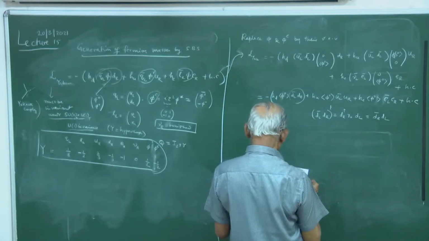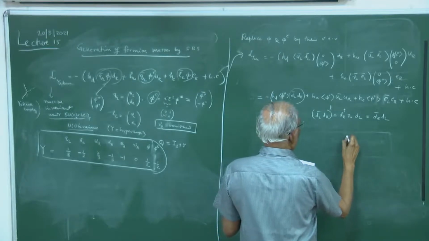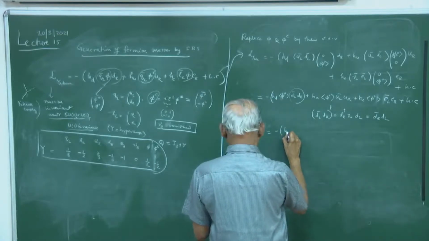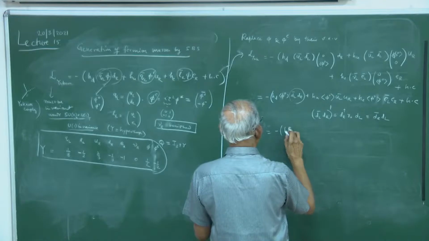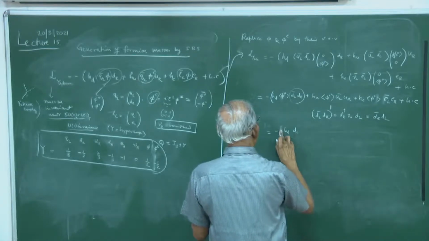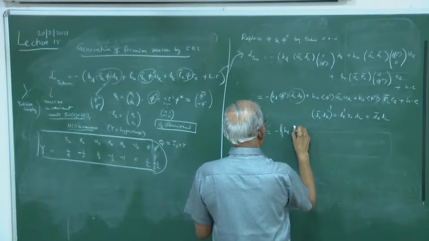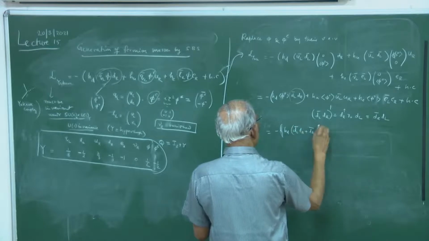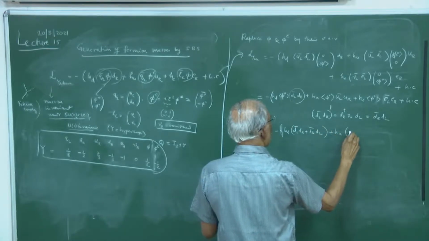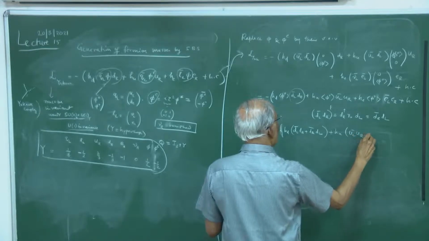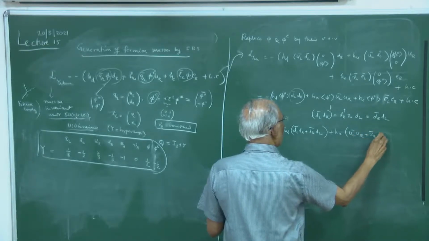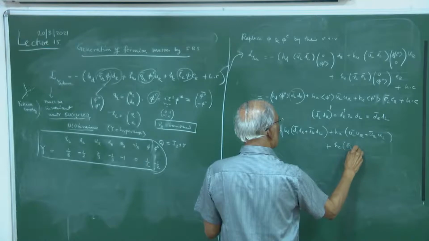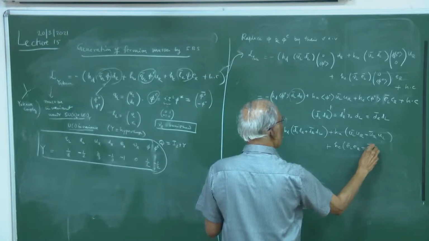Let me first write it down: minus HD, dL bar dR plus its Hermitian conjugate dR bar dL. Similarly for the other terms, HU uL bar uR plus uR bar uL, plus HE into eL bar eR plus eR bar eL.